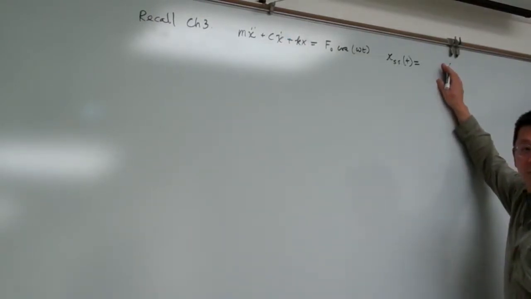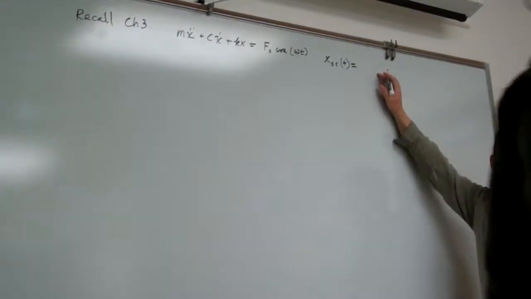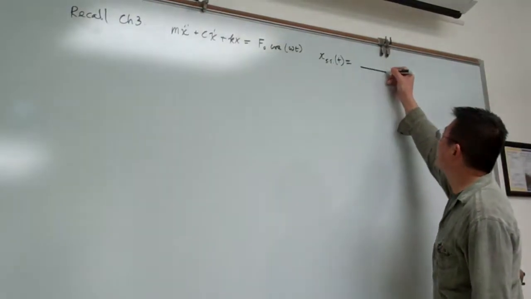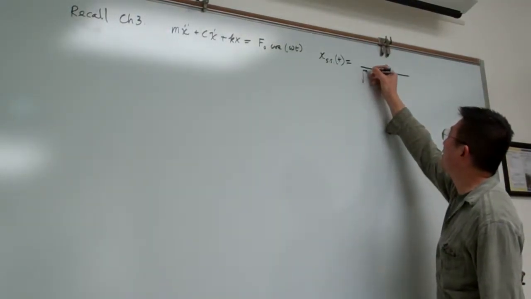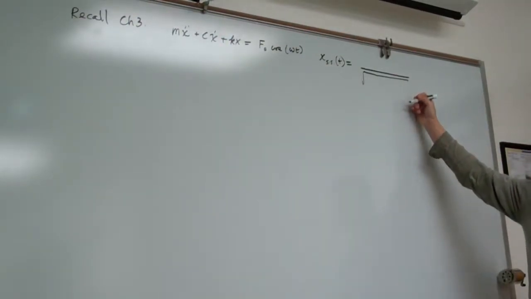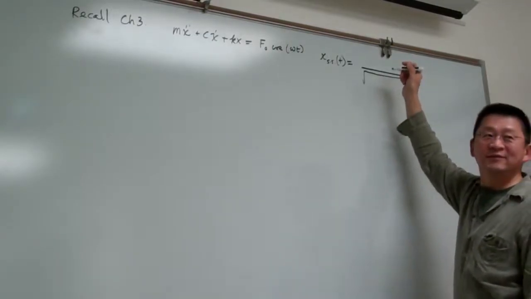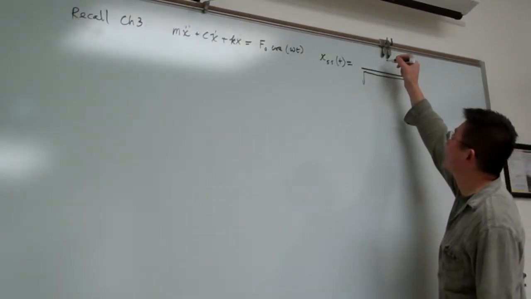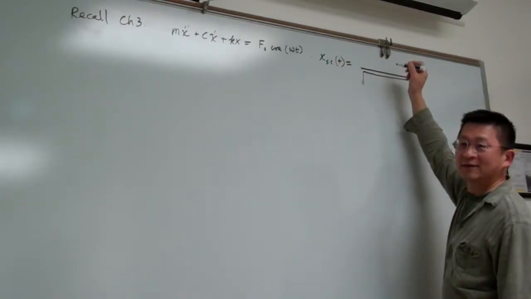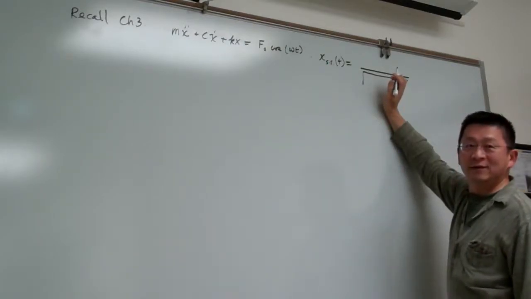Can anyone write it without referring to any textbook or notes? Okay. I heard something about the square root, sometimes the square summation and K, C, M, right? Is it delta ST on top? Okay, good.